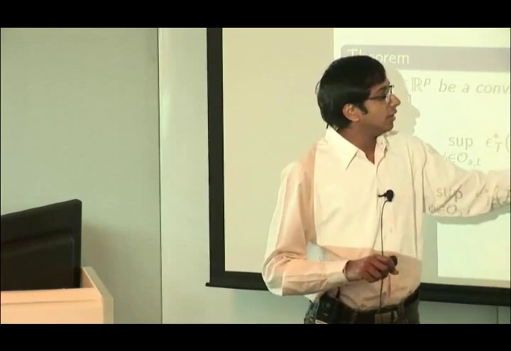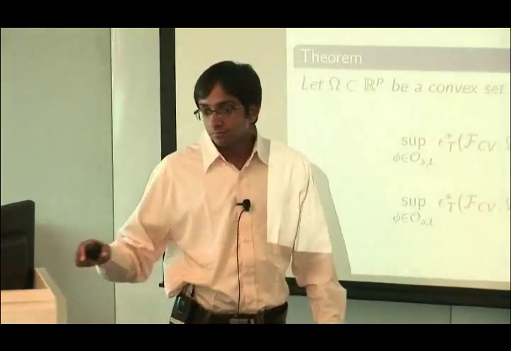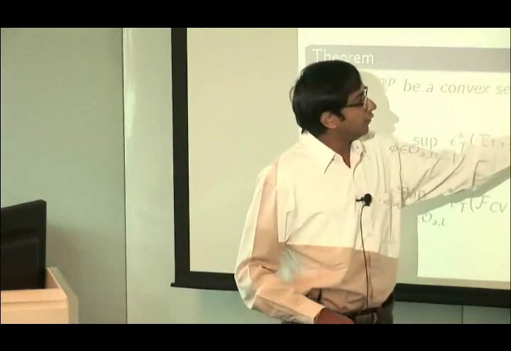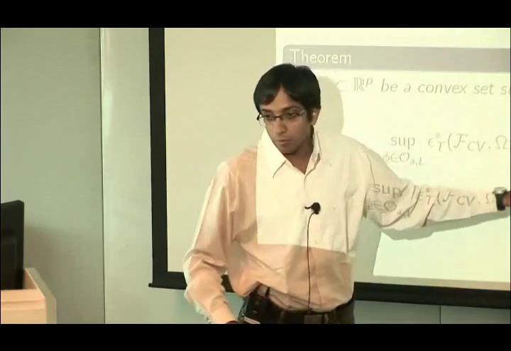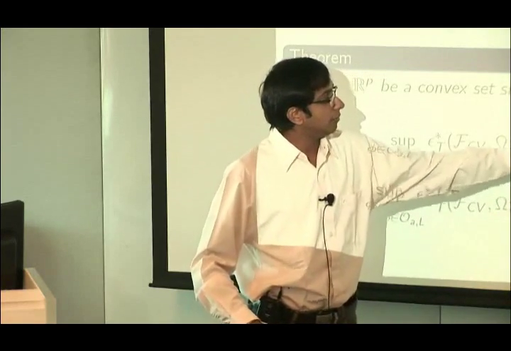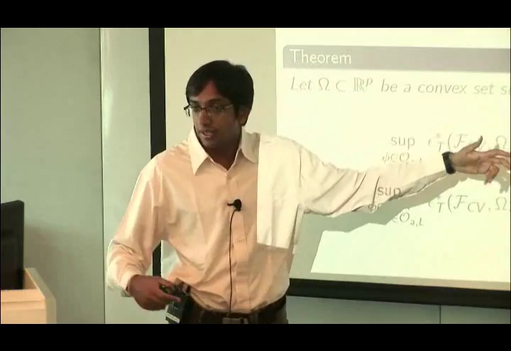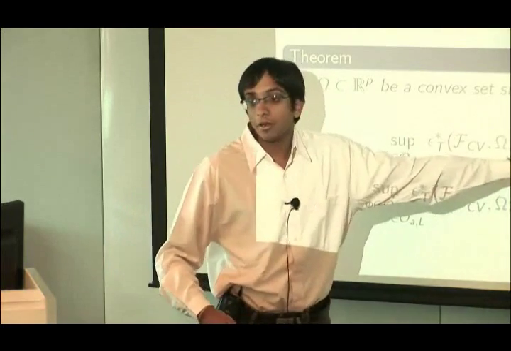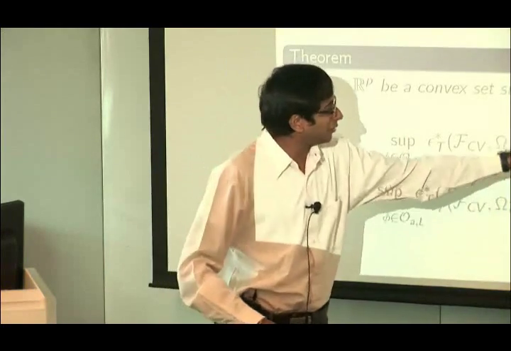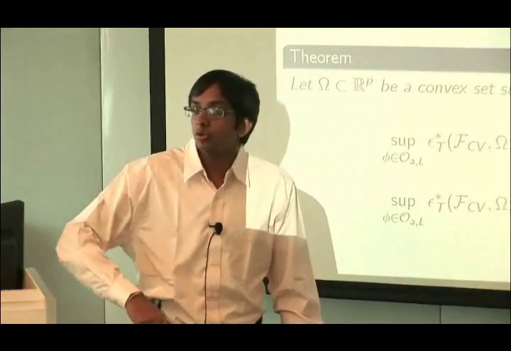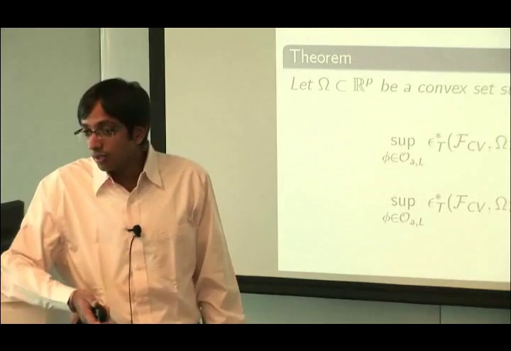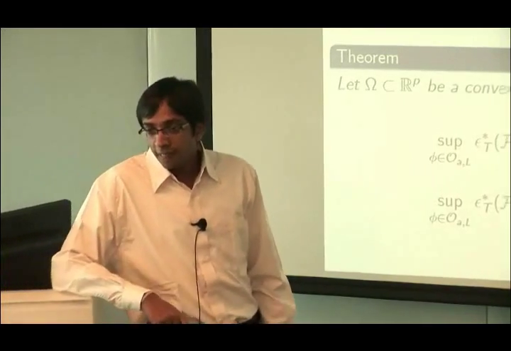For instance, if you take a unit ball of L infinity, then this is just 1. But if you take a unit ball in the L2 norm, then this becomes like 1 on root d and 1 on root p. So you lose the dimension factor over the L2 ball, and so on. So you have the ball it contains as a function of the norm, because this is the infinity ball.